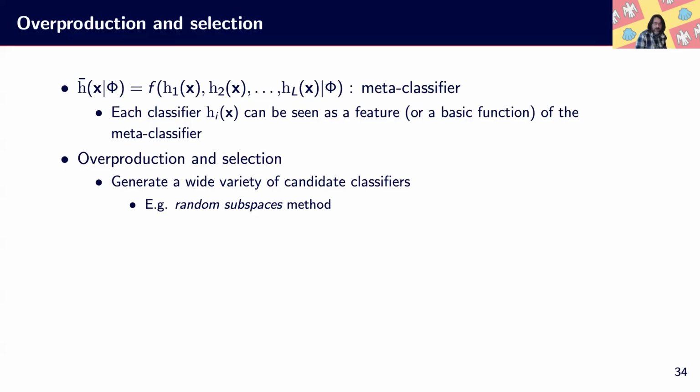It's like saying we have access to many features for a given problem. We want more rather than fewer features, and here we want more rather than fewer classifiers. So we generate a lot of those, possibly with things like random subspaces, which lets us generate a variety of classifiers. And then we want to pick only a subset of these.